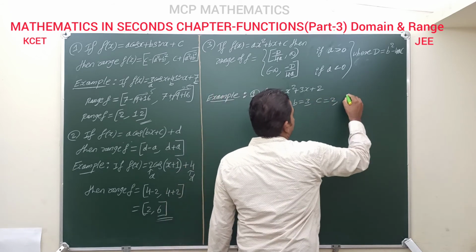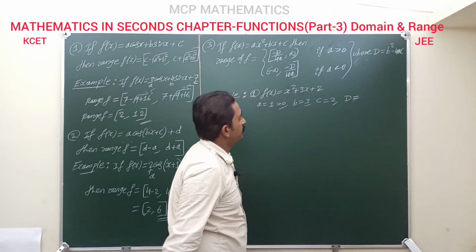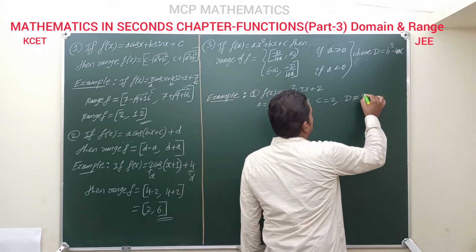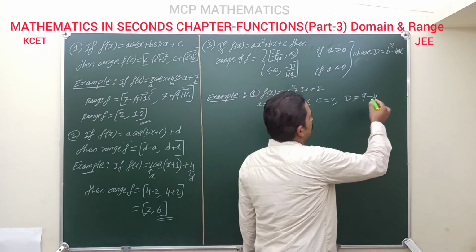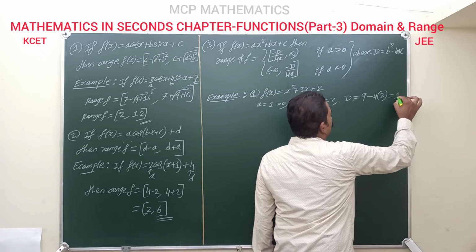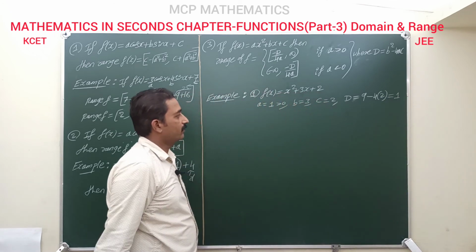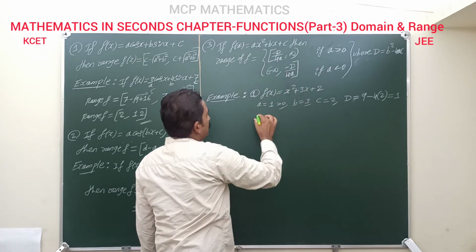Now we have to find D. D is b square minus 4ac: 3 square 9 minus 4 times 1 times 2, which is 8. 9 minus 8 equals 1. So D equals 1. Now a is greater than 0, so using the rule, what is the range?